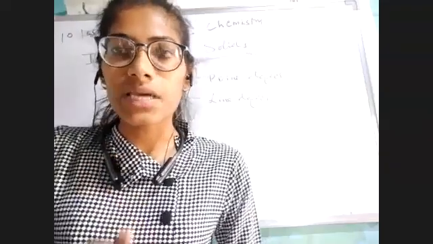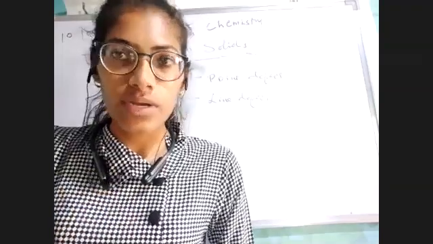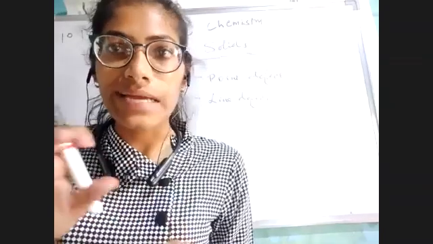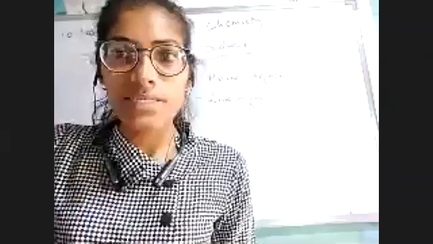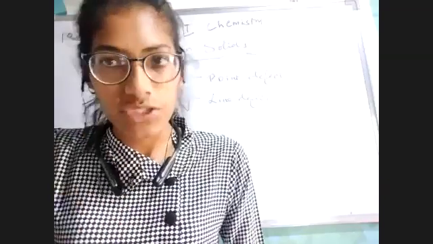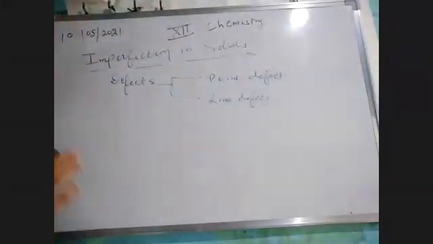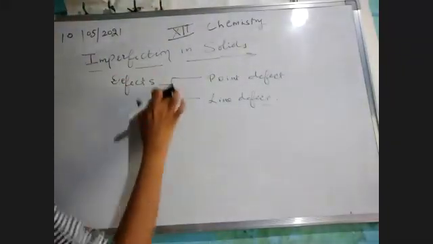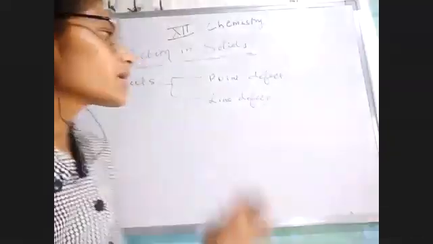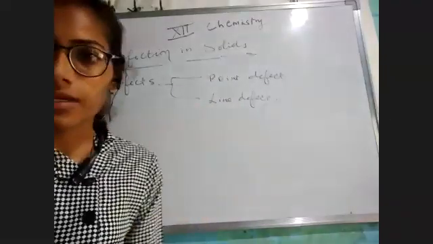Imperfection in solid is basically defined as the solid which, when arranged by aggregating small atoms or particles, has some defects, some imperfection in it. Okay, so in this topic, we are going to study defects in our crystal lattice, defects in our solids, which are broadly of 2 types, point defect as well as line defect.